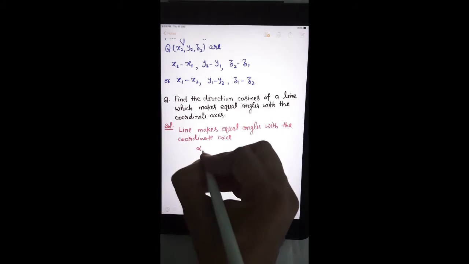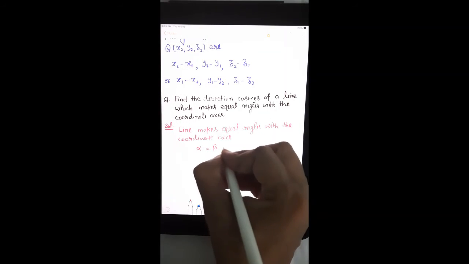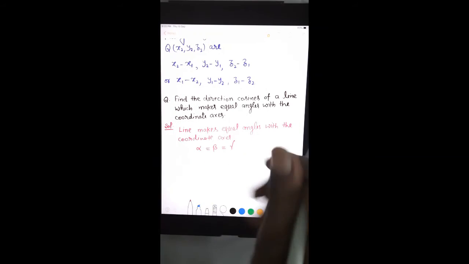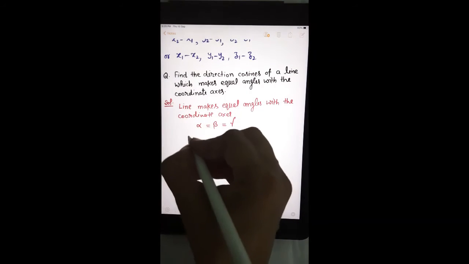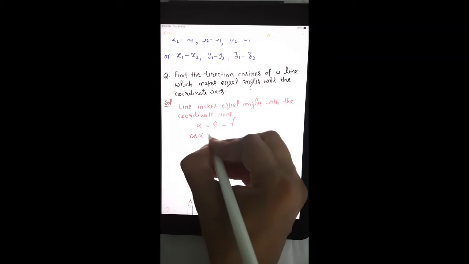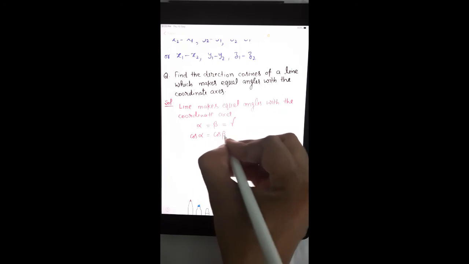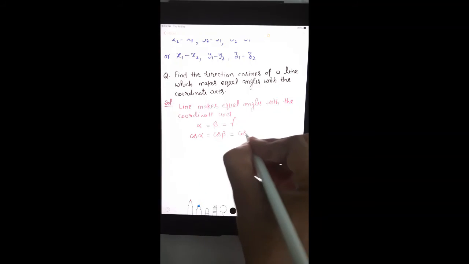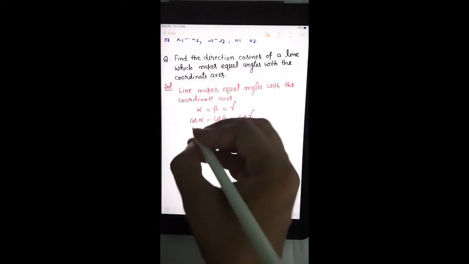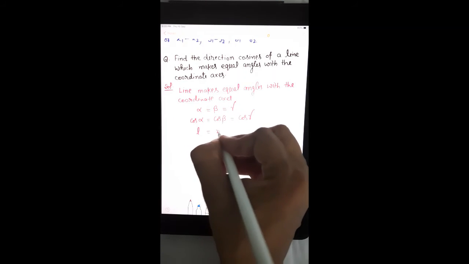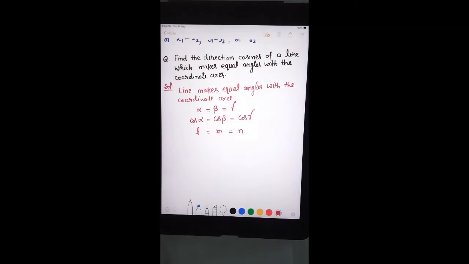It means alpha is equal to beta is equal to gamma. Therefore cos alpha equals cos beta equals cos gamma, or we can say l is equal to m is equal to n.